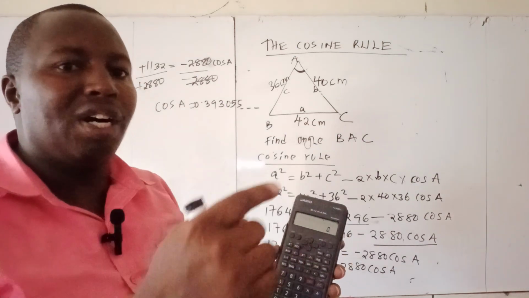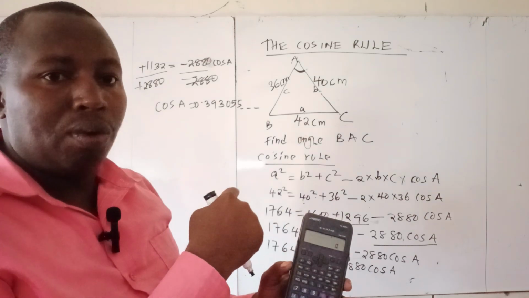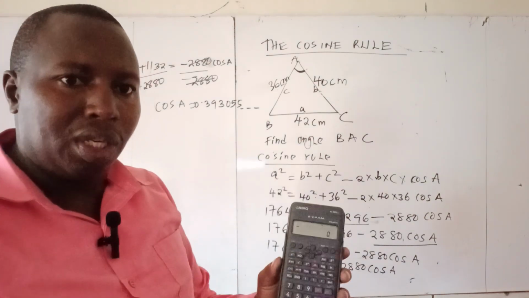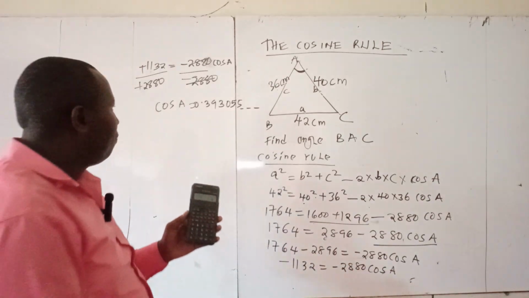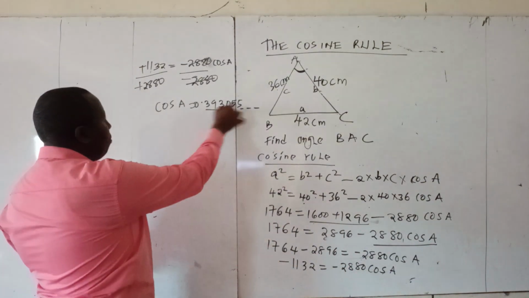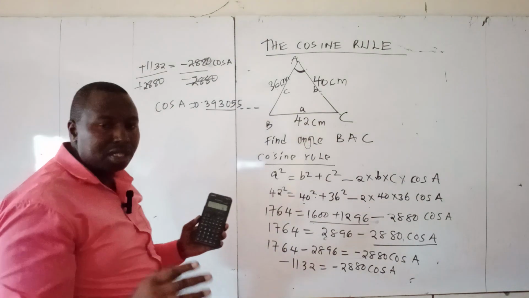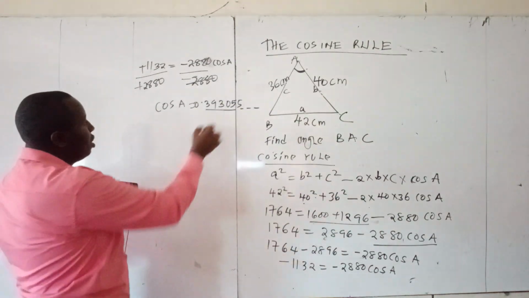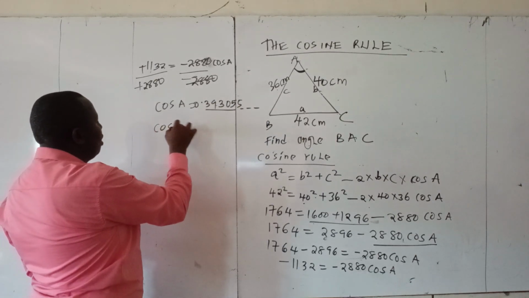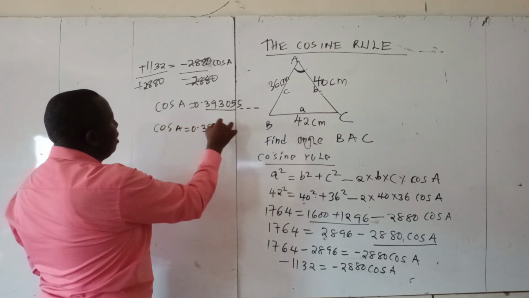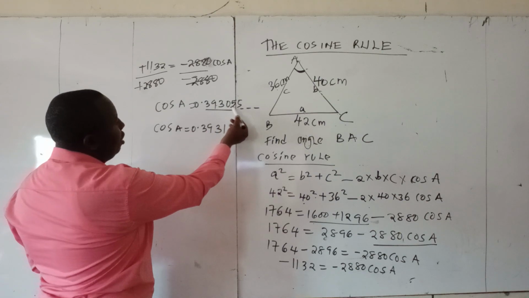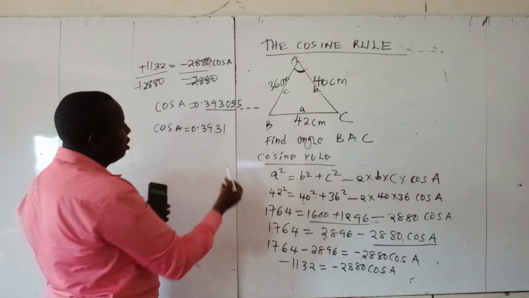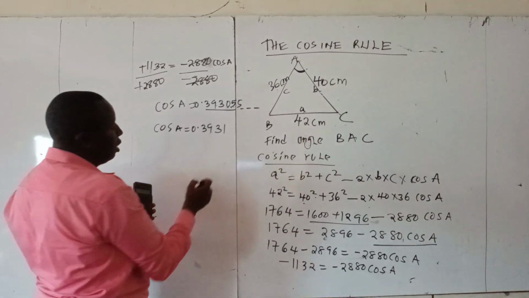From the maths table, you can only check 4 significant figures. So you can write cos A is equal to 0.3931 from the maths table.